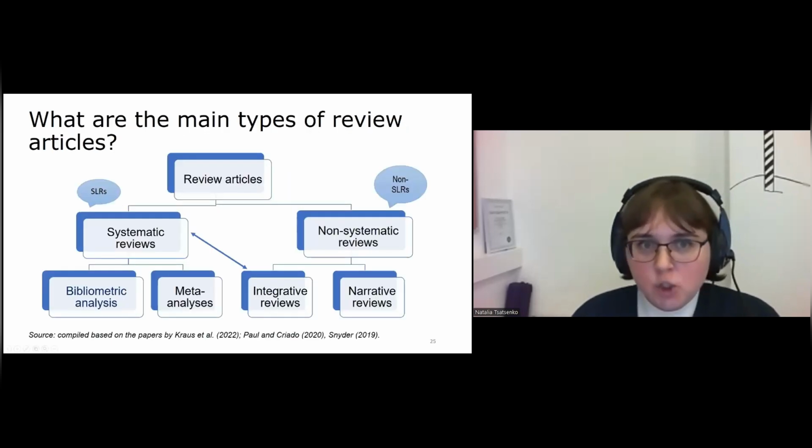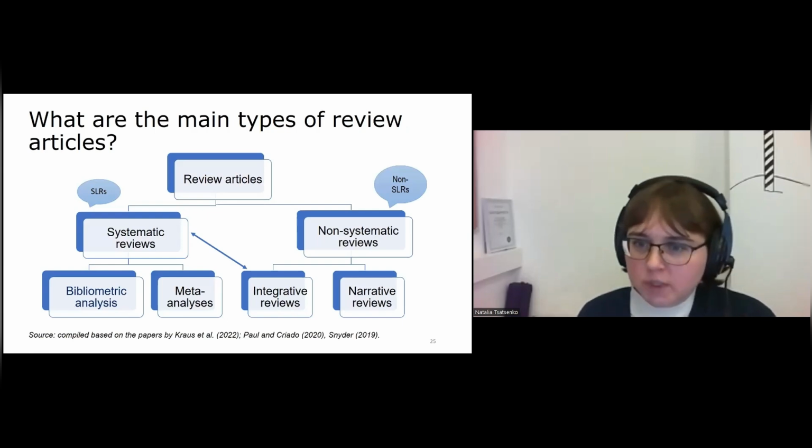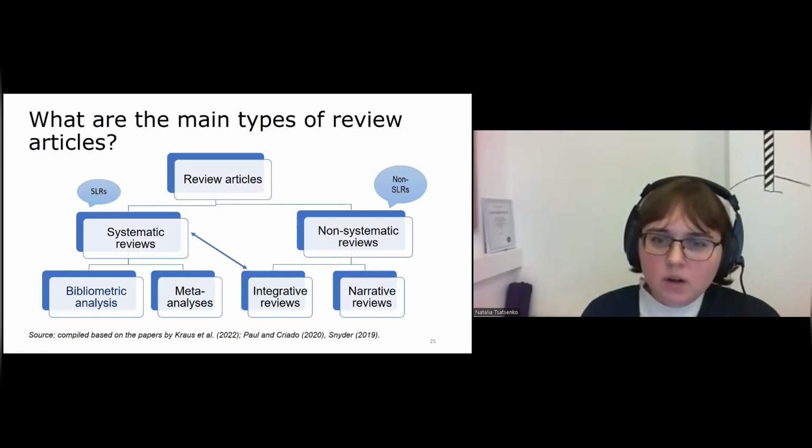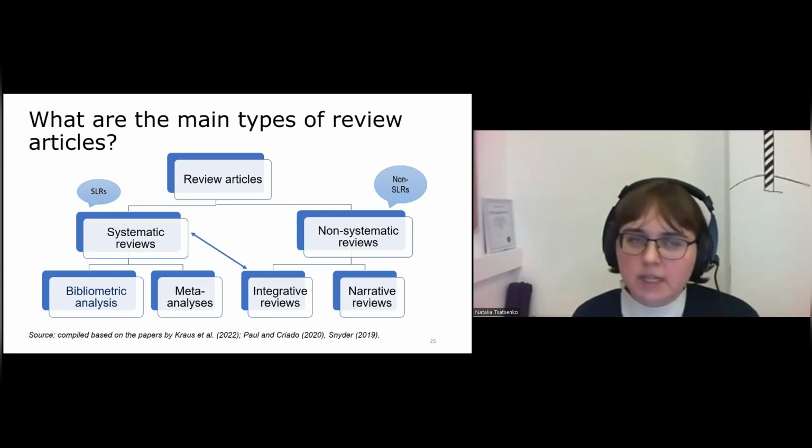This slide shows you the tree of different types of review articles. The two big groups are systematic reviews and non-systematic reviews. I must mention that non-systematic reviews appeared many years ago, before we had computers and all of these technical tools.